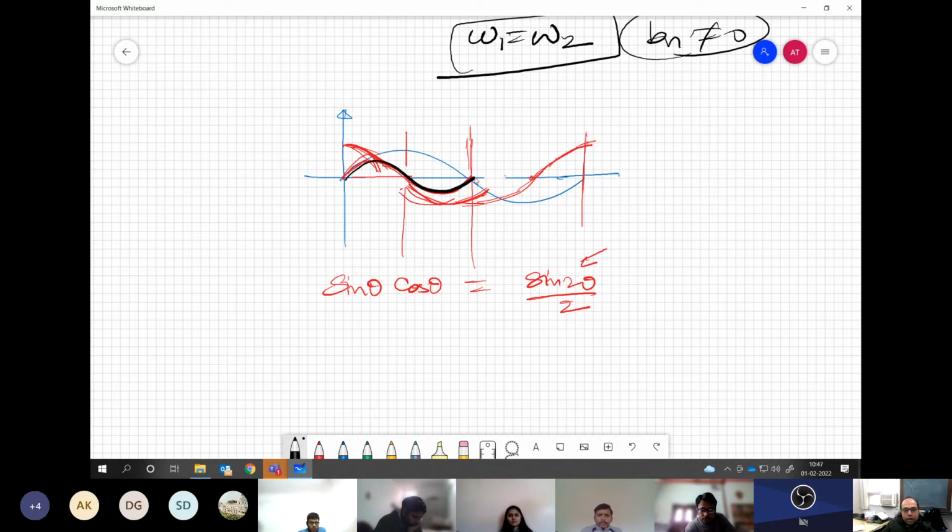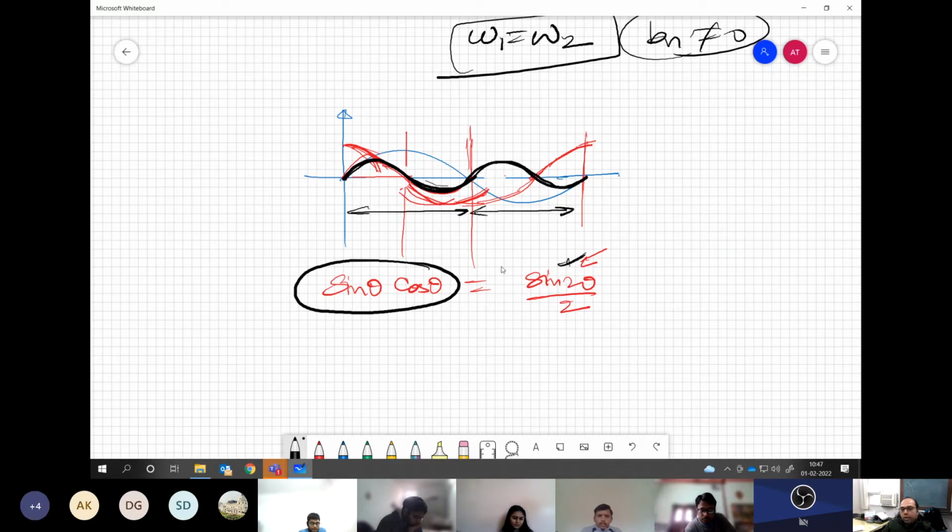This will be 1 and this will be the other. This is the resultant and maybe the magnitude will be half. So in effect, when you multiply different sinusoids, a sine theta with a cos theta, you again get a balanced waveform with equal positive and negative values. And what average will it have? 0. You understand my point?